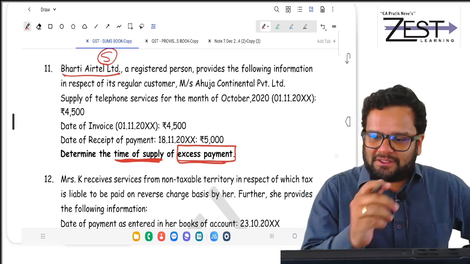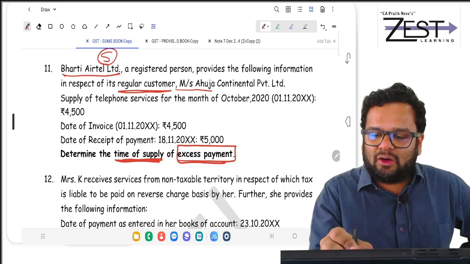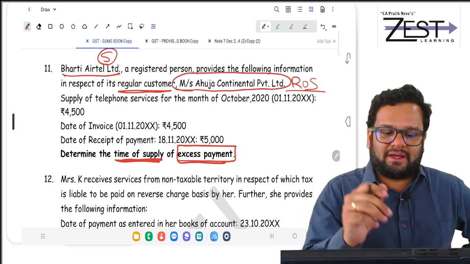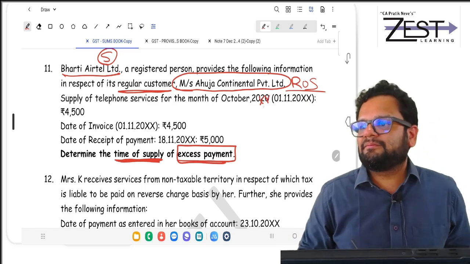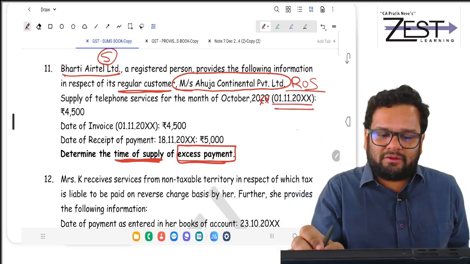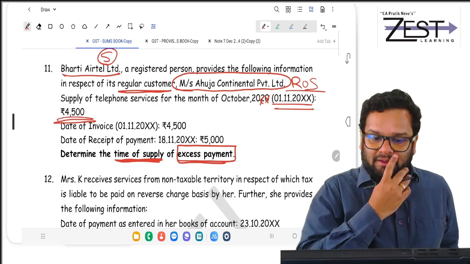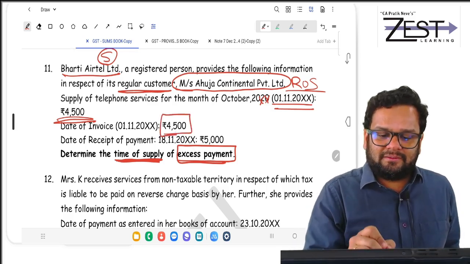A registered person provides the following information in respect of regular customer Ahuja Continental Private Limited, recipient of supply. Supply of telephone services for October, invoice on 1st November, 4,500.